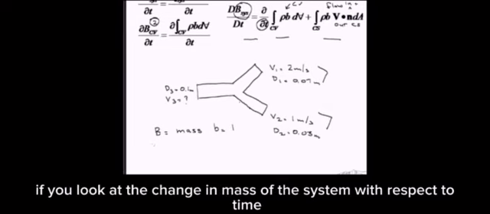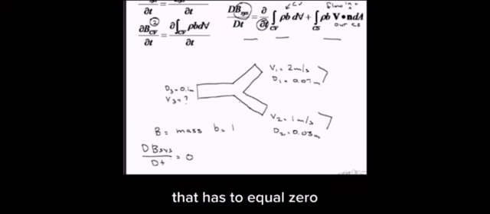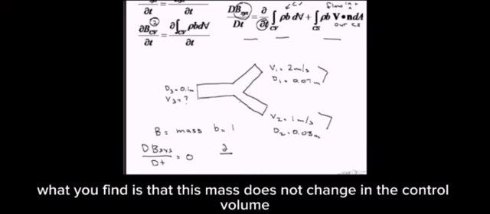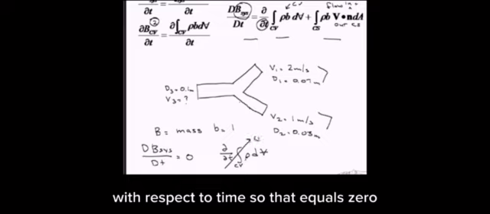So the change in the mass of the system with respect to time has to equal 0. When you look at the first term of the right hand side, you find that the mass does not change in the control volume with respect to time, so that equals 0.